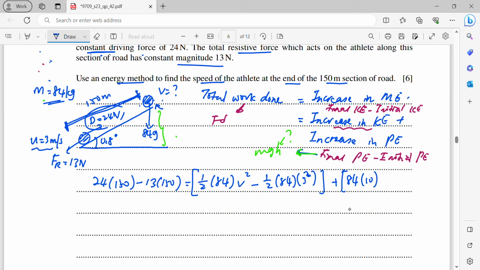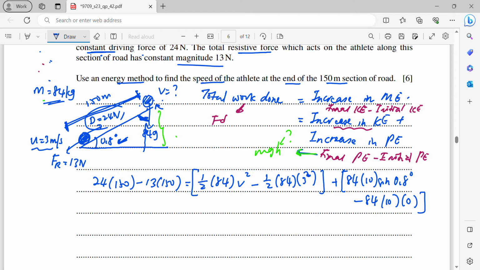I supposed to use this angle, but this angle is not available, so I'm going to use the alternate angle, which means sine 0.8 degrees. Then minus 84g times h, where h is going to be 0 because this is the initial PE. At first it is at the bottom, so it is 0.